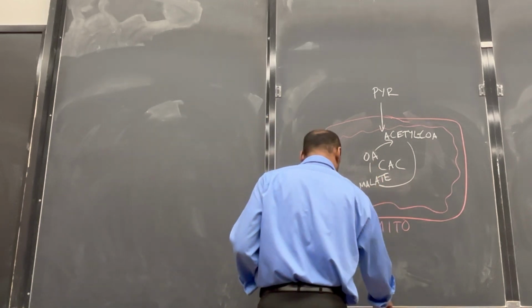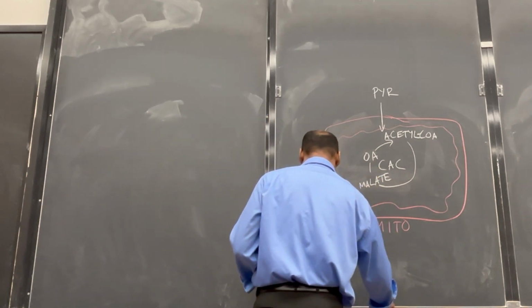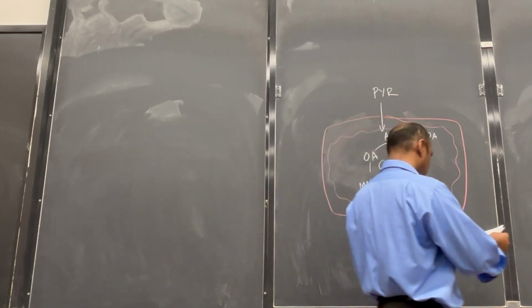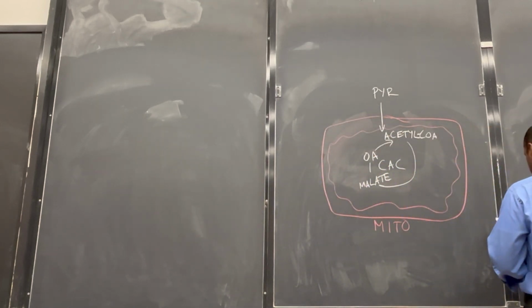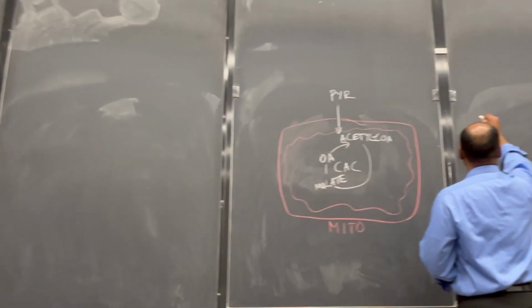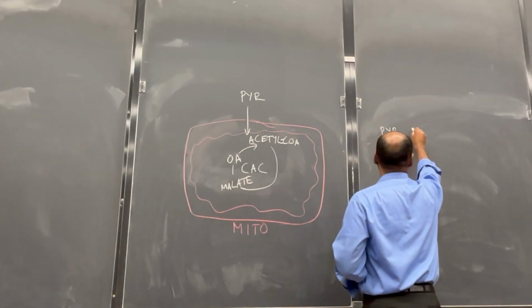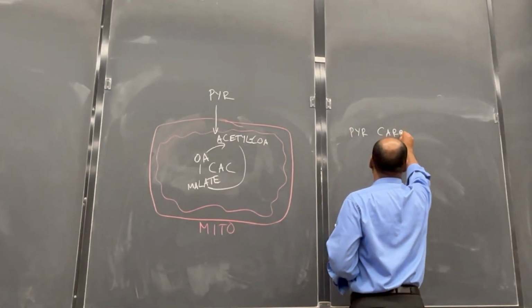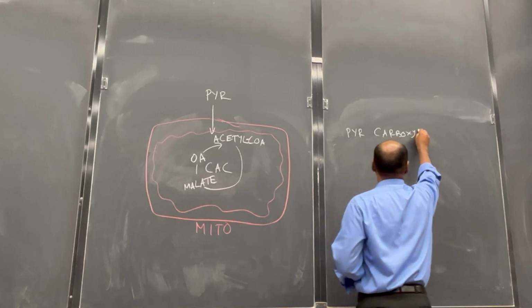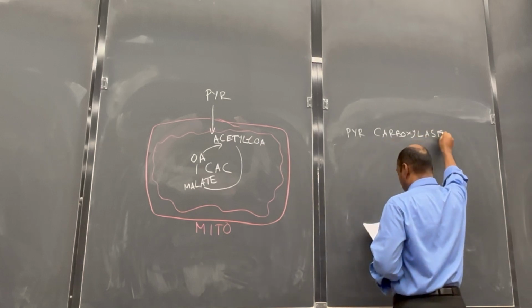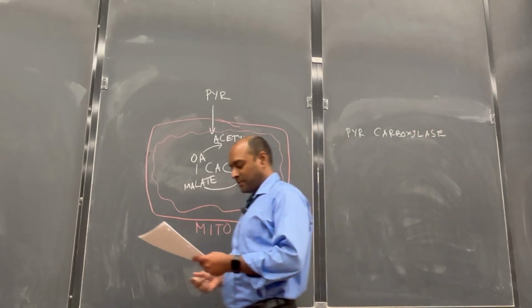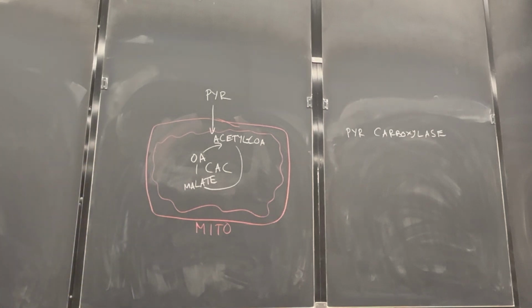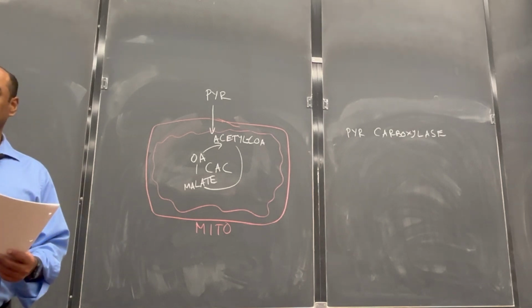So why does it have to happen between mito and cyto? So here pyruvate carboxylase, right? That was one of our enzymes, which we use in gluconeogenesis.